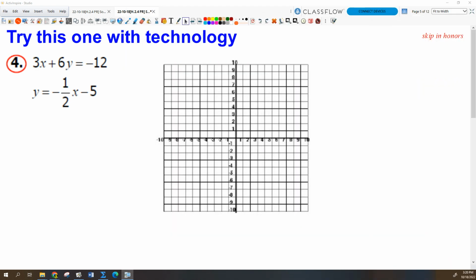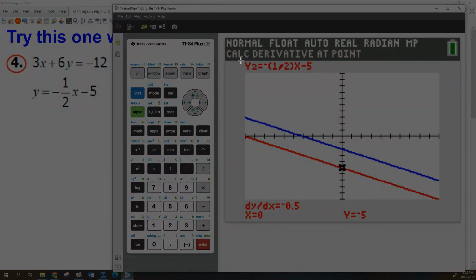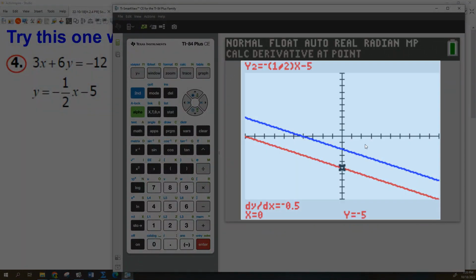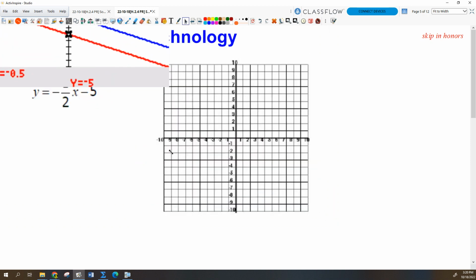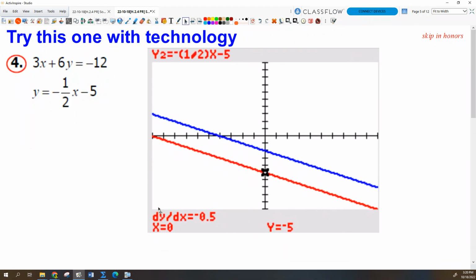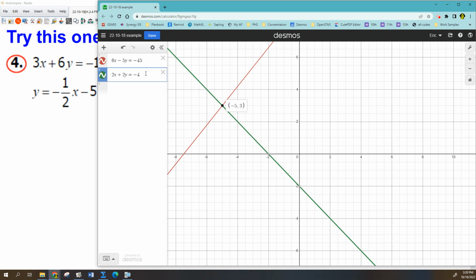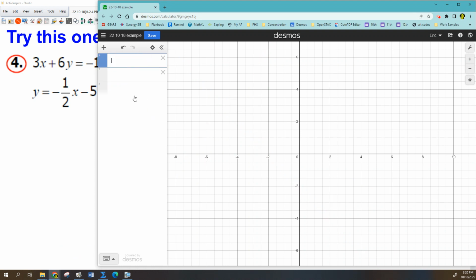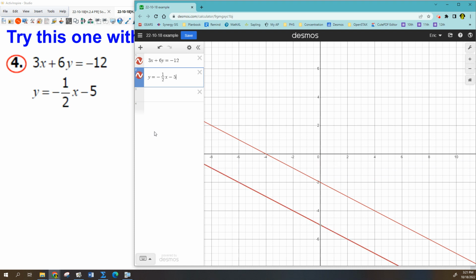What about on Desmos? Yeah, there's a way, I'll show you. 3x plus 6y equals negative 12, and y equals negative 1/2 x minus 5.